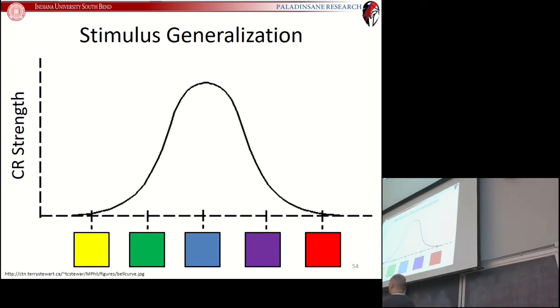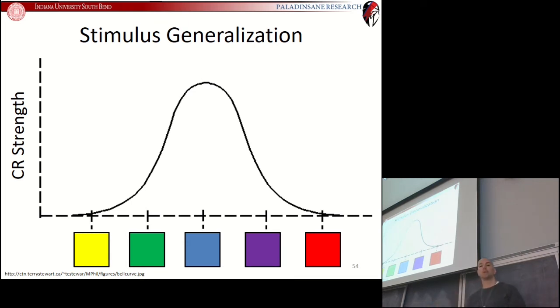And based upon how much they salivate to those new colors, we can tell how much they think this new color is similar to this color. So if we show them purple and they salivate more than they do when we show them red, that's our way of knowing that in their mind, they're categorizing purple as being closer to blue and red as being further away from blue.